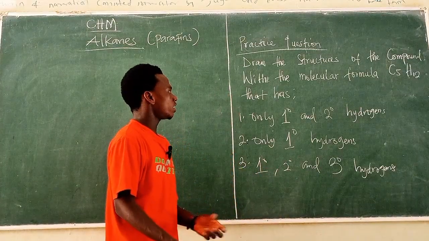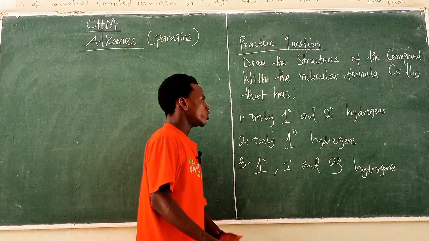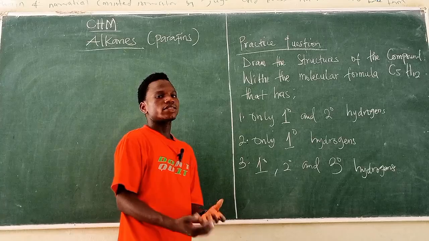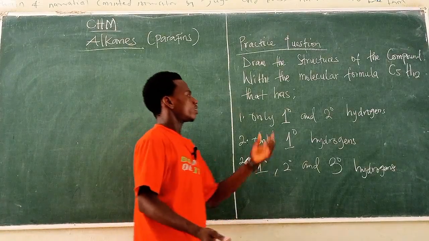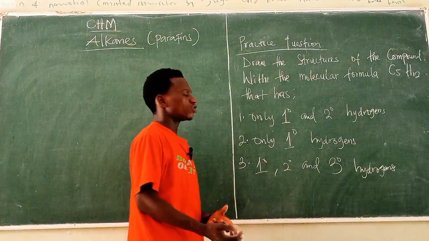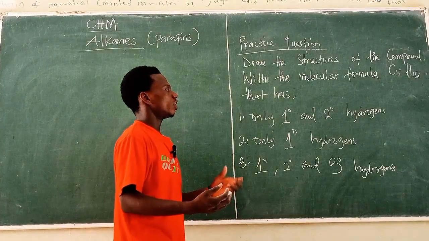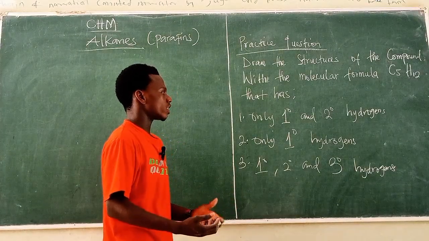Recall that we said primary hydrogens are those hydrogen atoms that are attached on a primary carbon. Same goes for secondary hydrogens, those hydrogen atoms that are attached on a secondary carbon atom.